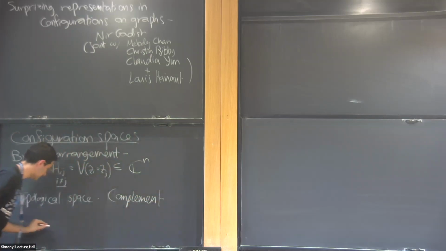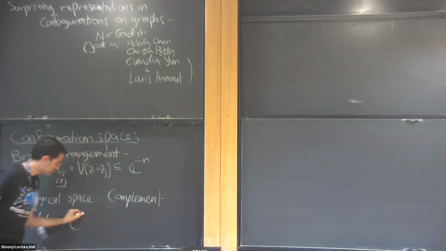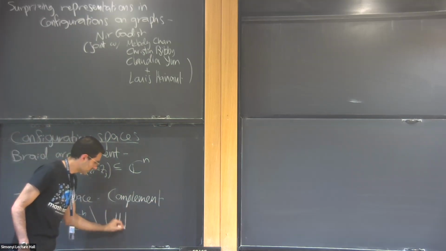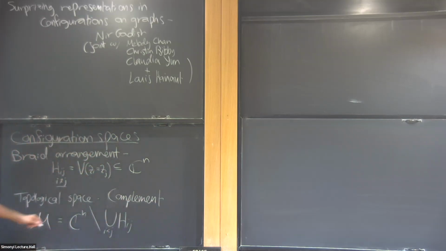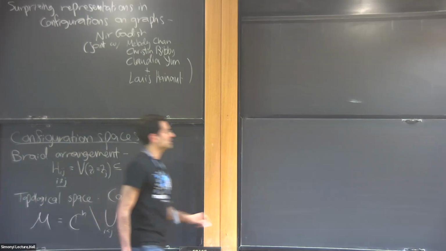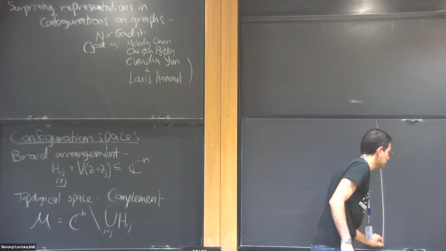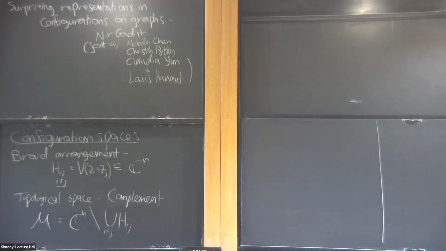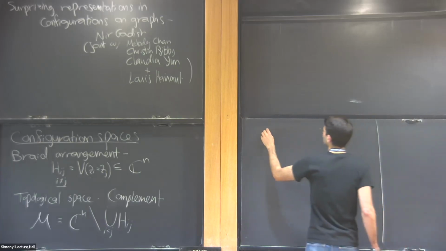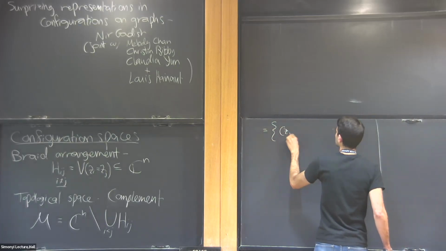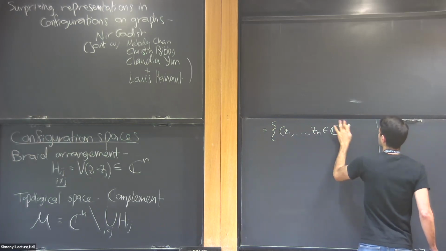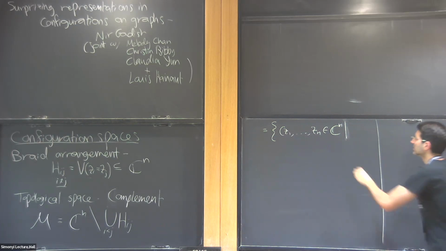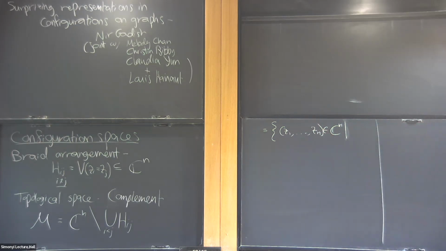The complement is the space, let's call it M, it's C^n where you remove these hyperplanes, which is just, when you think about it, the space of n-tuples of points subject to the condition that no two should be equal.